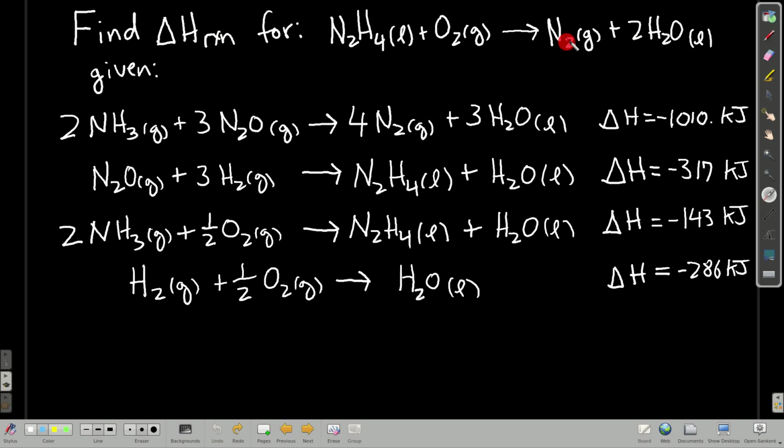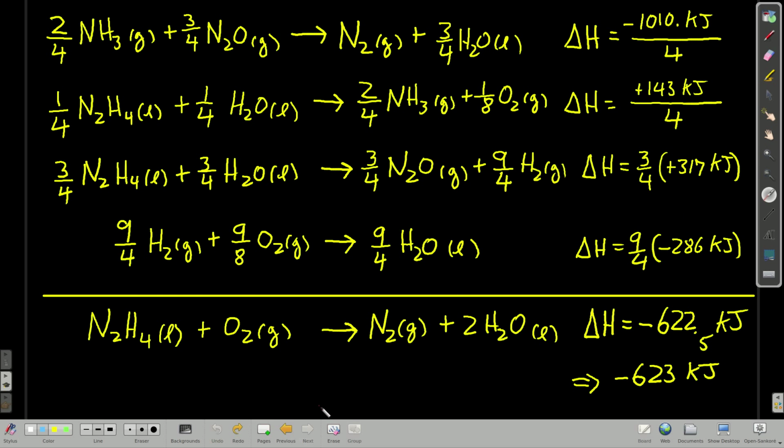We need 1 N2 on the right-hand side. Here we have 4 on the right-hand side, and it doesn't appear in any of these other equations. So I know I'm going to have to divide this through by 4, which means I'll divide delta H by 4. So let's go look at that over there. Right up here, I divided through that first chemical equation by 4.